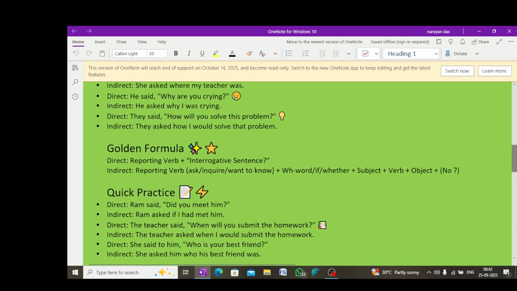Now the golden formula, you can take this formula for easy doing. Direct: reporting verb plus interrogative sentence.